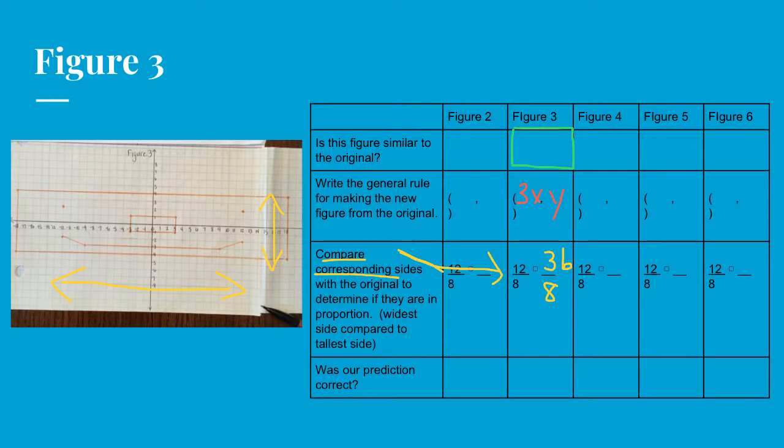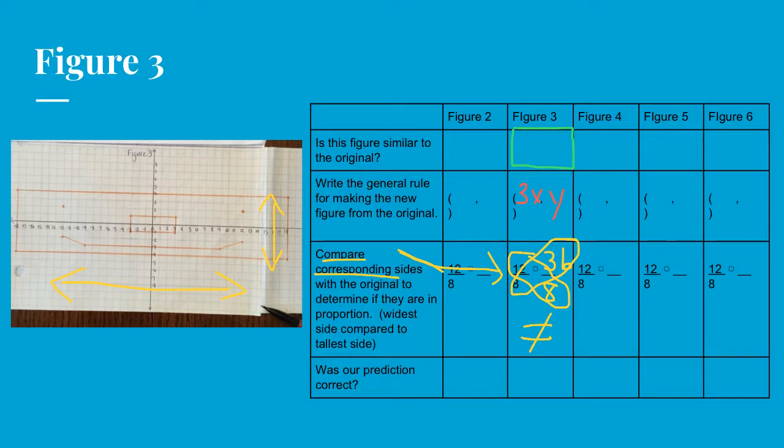All right, so I'm going to do my cross multiplying to see if this makes a proportion. Are my ratios equal? So I would take 12 times 8 and I'd get a number. I'd take 8 times 36 and I'd get a number. And I'd compare those two numbers. Did you get the same number or not? Well, I got different numbers. Those were not equal to each other.